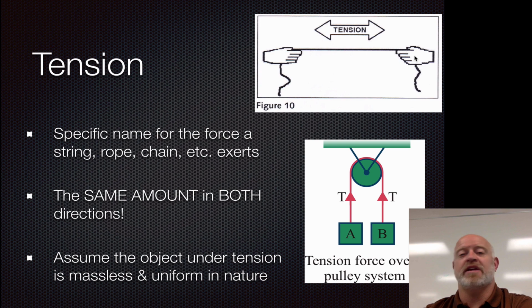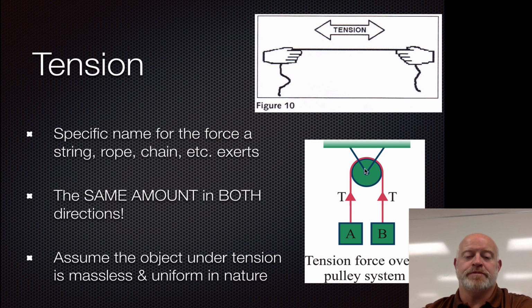They both are feeling 10 newtons of force as they both pull. Okay, which means if you have two blocks here, if block A is 5 kilograms and block B is 5 kilograms, okay, this pulley has to be strong enough to hold 10 kilograms because it's feeling 5 from this side, it's feeling 5 from this side, so it has to be strong enough to hold the weight from both sides for that thing to actually work.